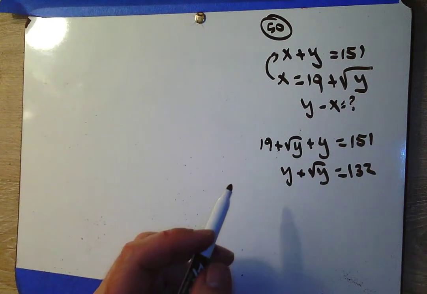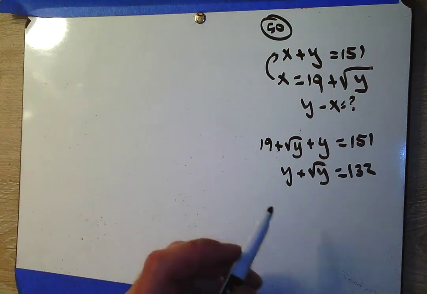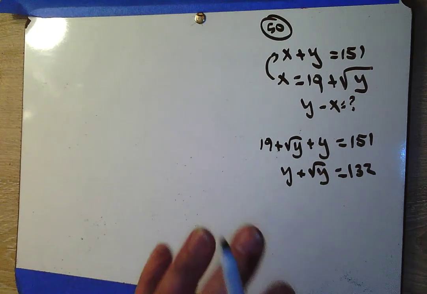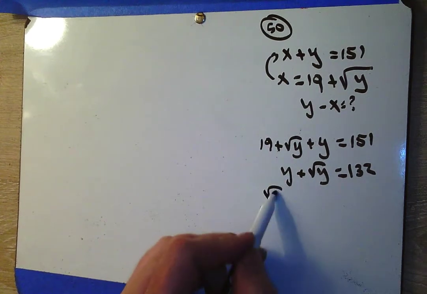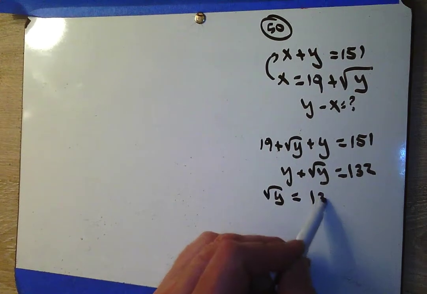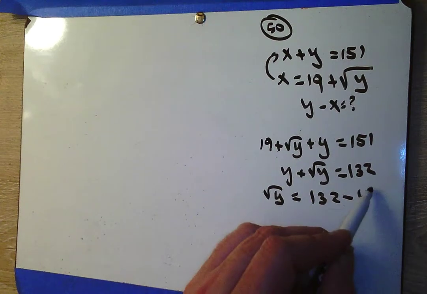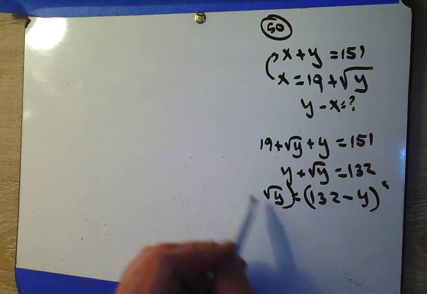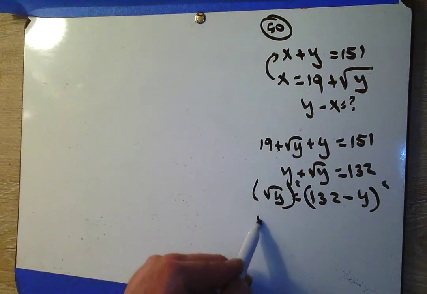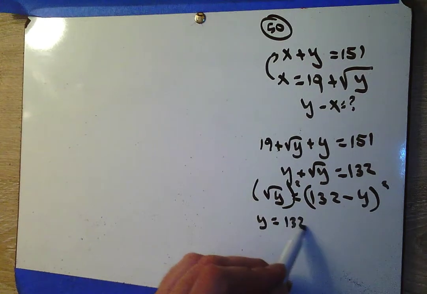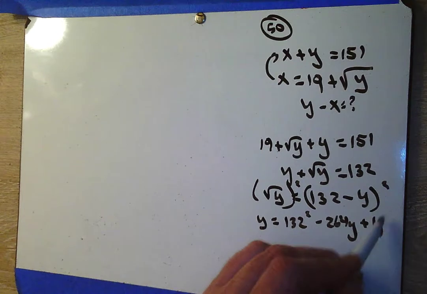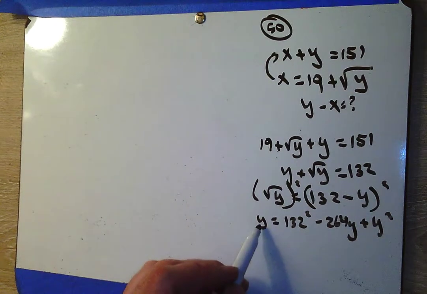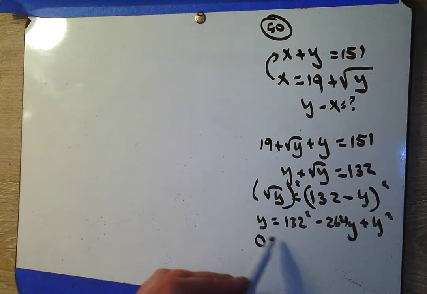Now, how do we go about solving this equation? Well, you can do all kinds of things, like subtract y from both sides, and then square both sides to get rid of the radical. You get y equals 132 squared minus 264y plus y squared, and then you could subtract another y from both sides.